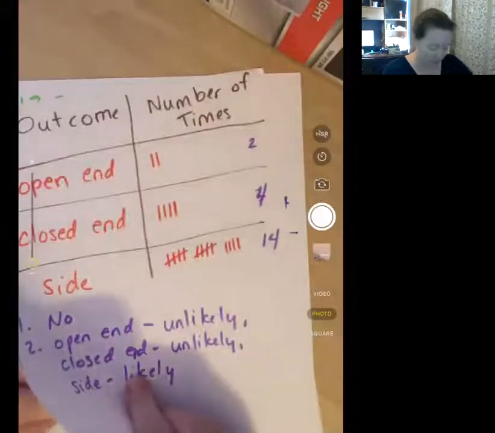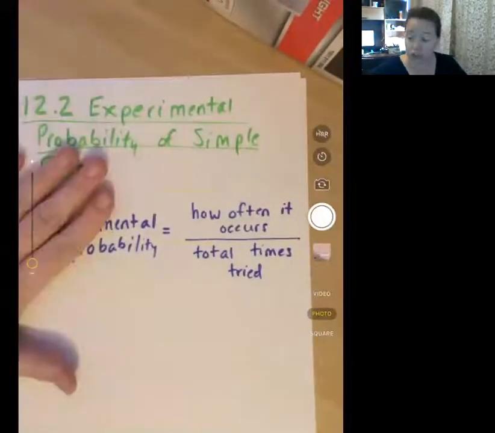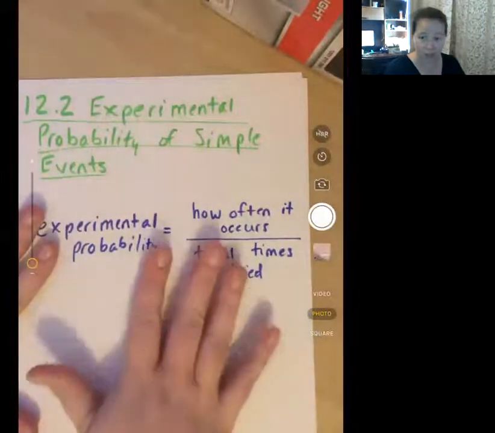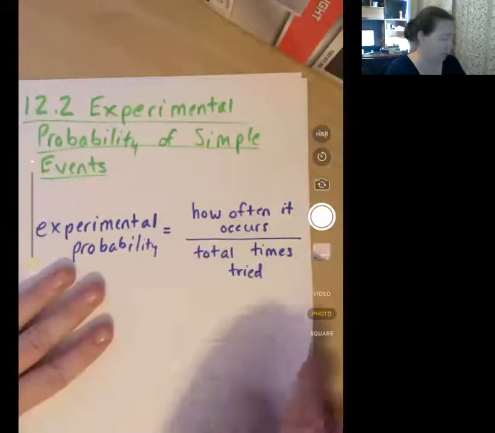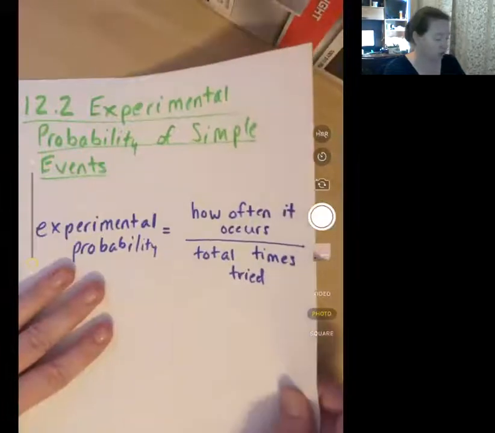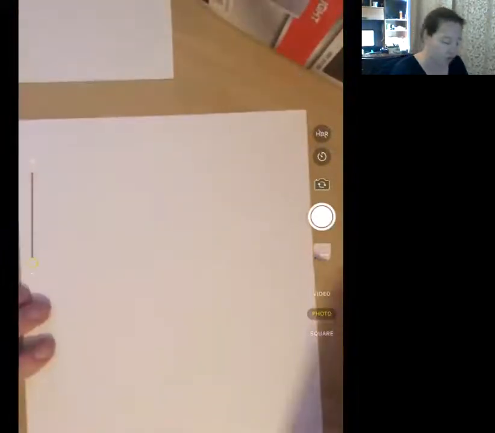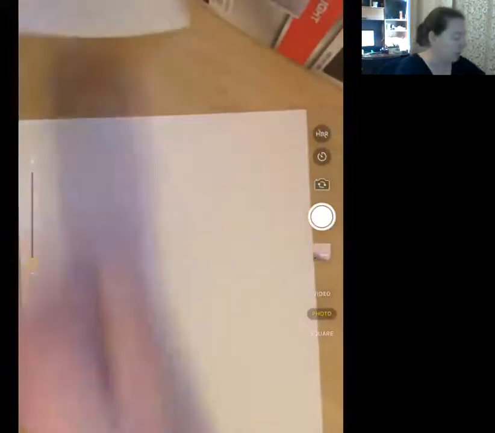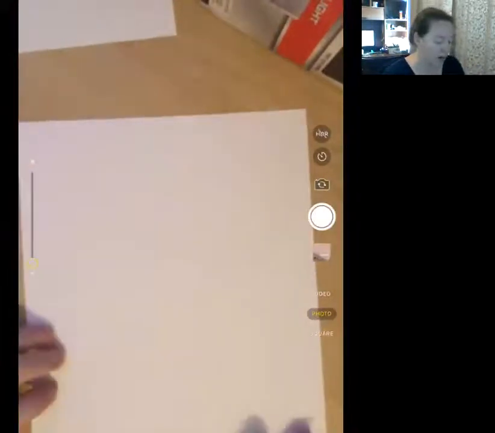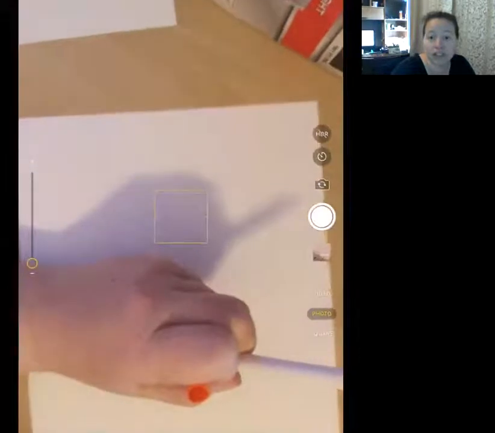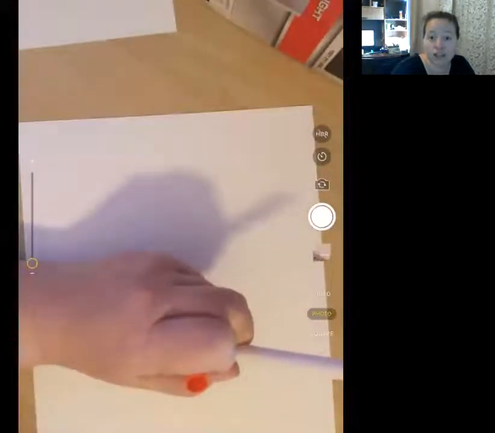We will come back to the notes in a little bit because we have a little more to add with the different ways to show the information, but for right now, I'm moving on to our table. And our table at the bottom shows how to put this into fractional form. So give me just a second. I had forgotten that I needed to make the table.